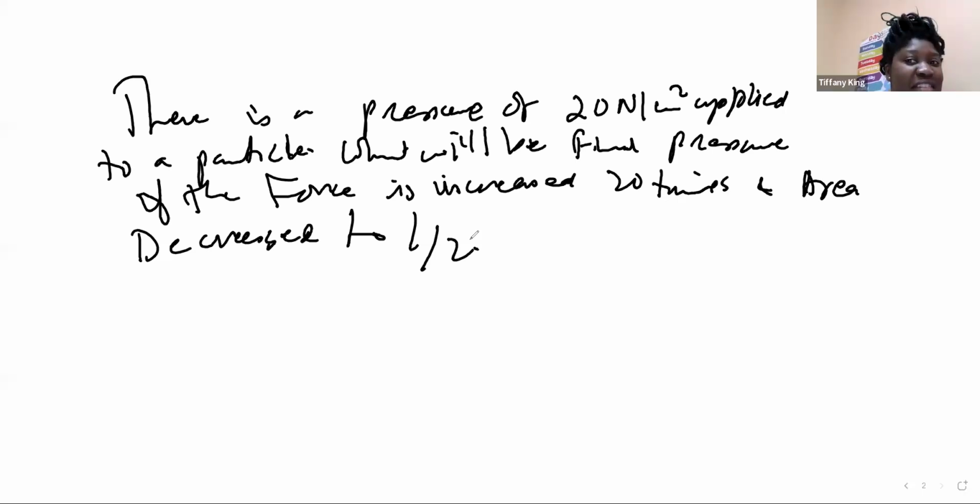I got 40 newtons per centimeter square. No? Okay.